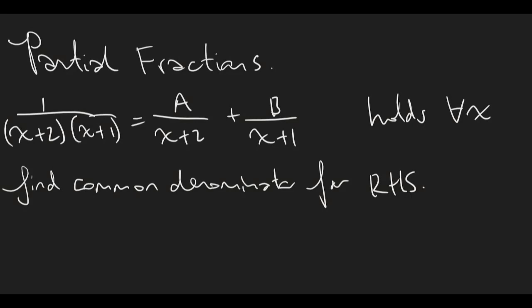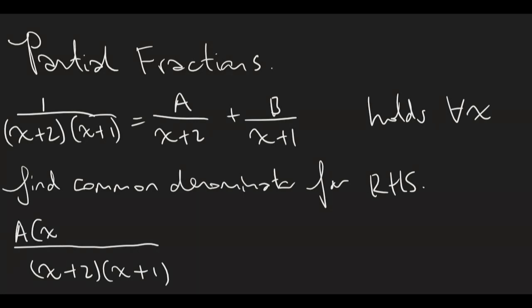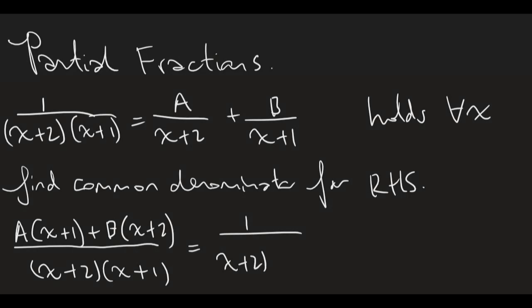So what we can do is you can put that over x plus 2 times x plus 1, and then we can say a times x plus 1 plus b times x plus 2 is equal to our left hand side, which is 1 over x plus 2 times x plus 1.